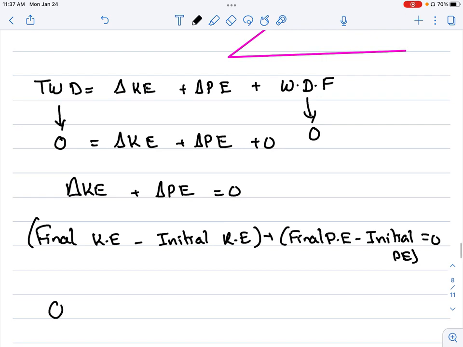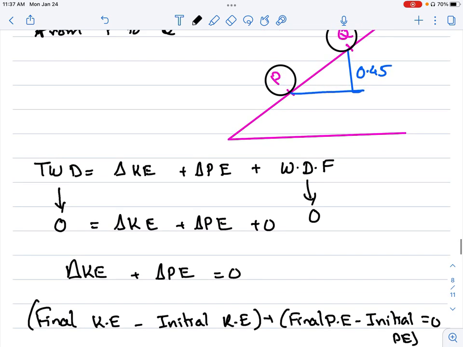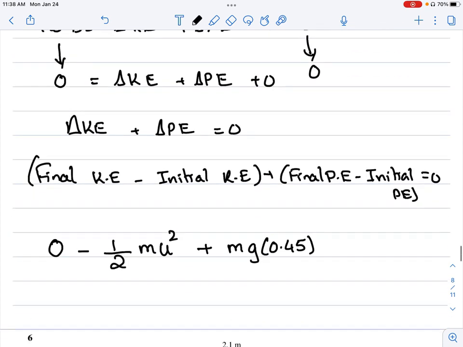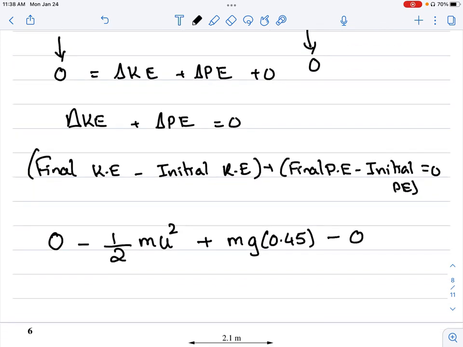Final kinetic energy is 0 because it is stopping, minus initial kinetic energy, which is half times m times u square. Final potential energy is m times g times h. It is at a height of 0.45 above P. If we consider P as 0, then initial potential energy is 0.